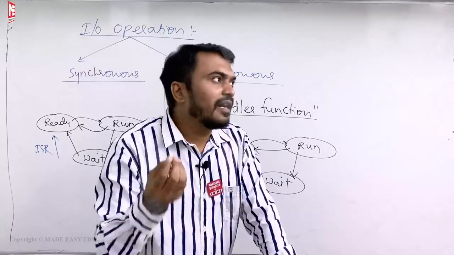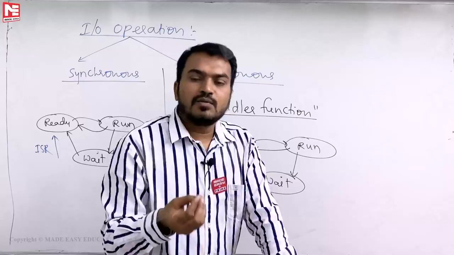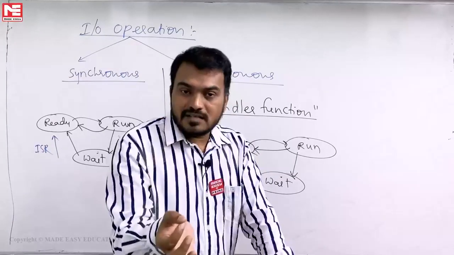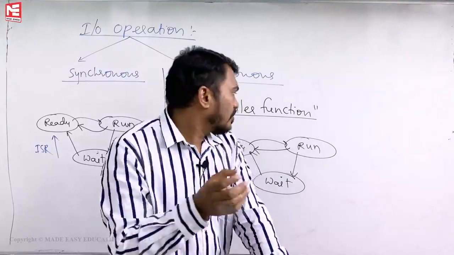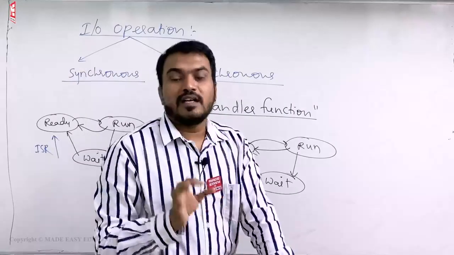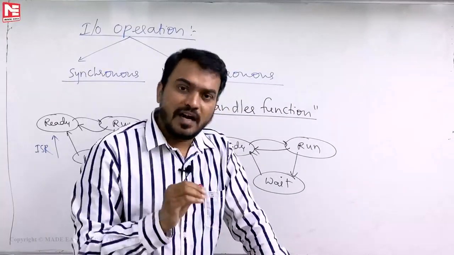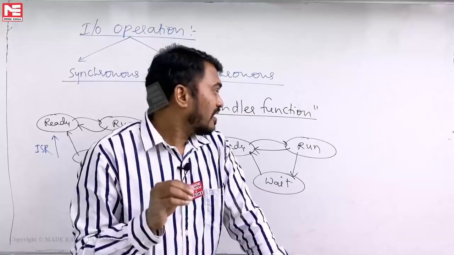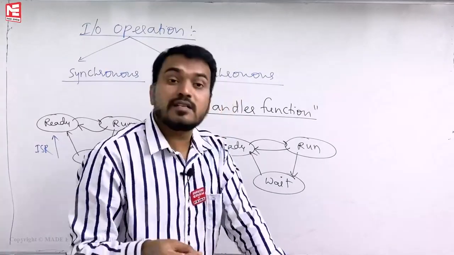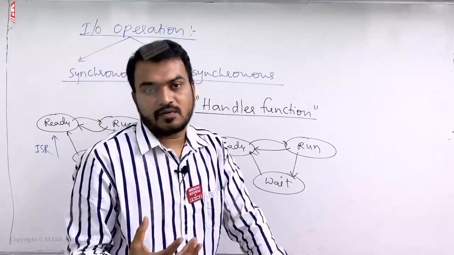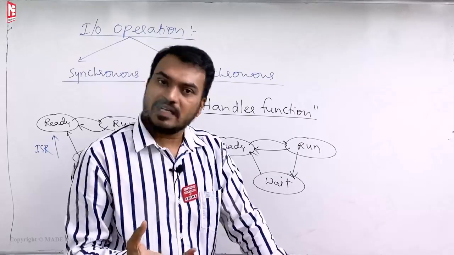Process को बताया जाएगा, okay look at it, data is available, whatever the data it is requested, now it is available, and registered handler function will be asynchronously invoked. Is that clear for everyone?